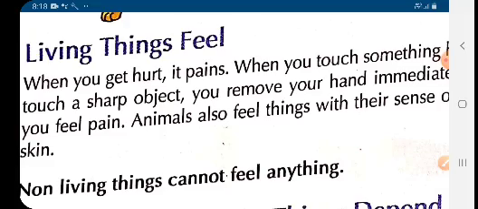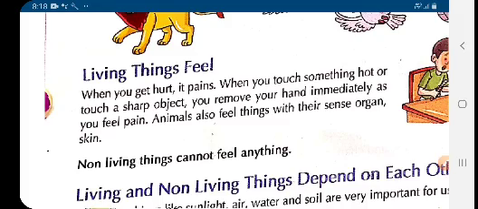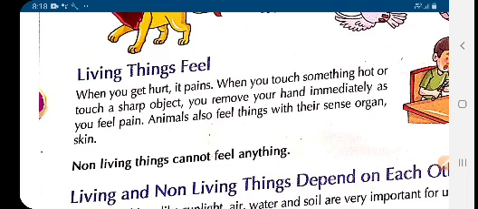Children, as we have studied about the 5 sense organs, these are the organs which help us feel our surrounding. So children, these are the organs by which we can see, smell, taste, hear and touch. By doing all these things, we can feel our surrounding. So these are the sense organs which help us to respond to the stimuli.